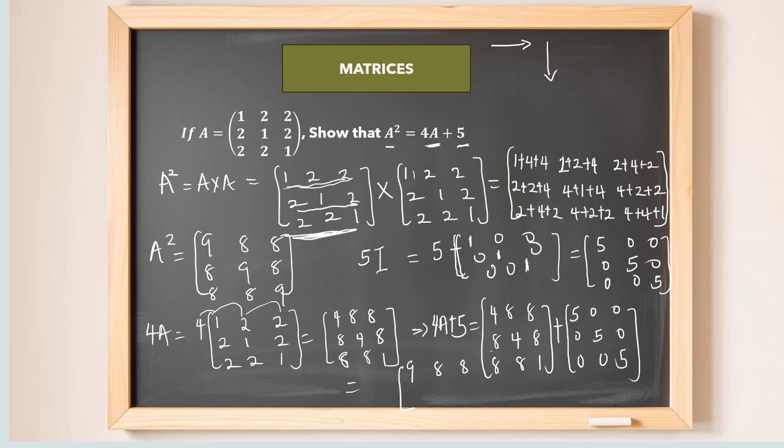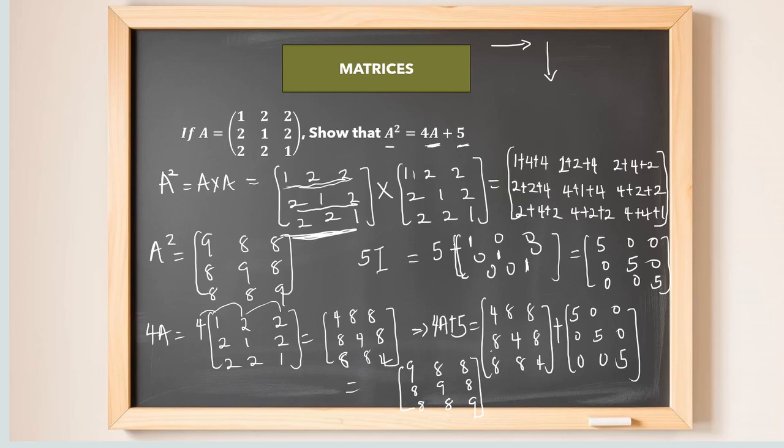And here we have 8 plus 0, here we have 8. 4 plus 5, we have 9. 8 plus 0, we have 8. And for the last one, 8 plus 0, we have 8. 8 plus 0, we have 8. And the last one, 4 plus 5, sorry please, this should be 4. This should be 4 because 4 times 1 is going to be 4. So 4 plus 5 is going to be 9.